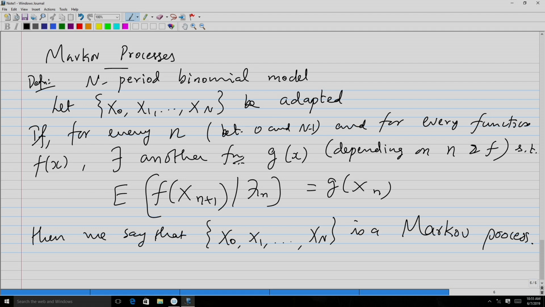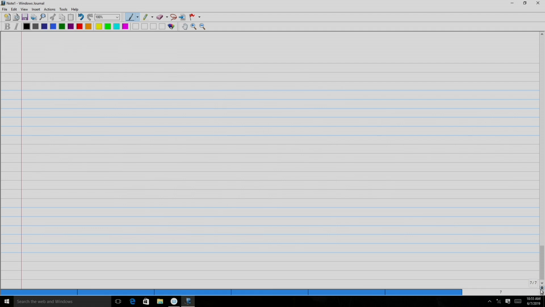Okay. Now, there is a result which we will use frequently even later, which gives us a tool to verify whether a given process is a Markov process or not.